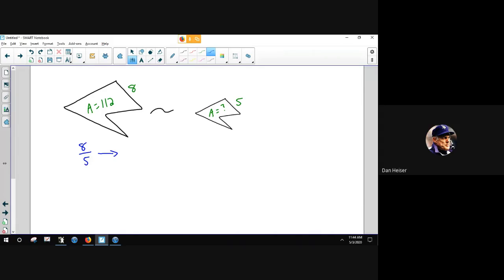If you say, oh, this is 8/5 equals 112 over x, congratulations, you got the problem wrong. Because you set a scale factor equal to an area.